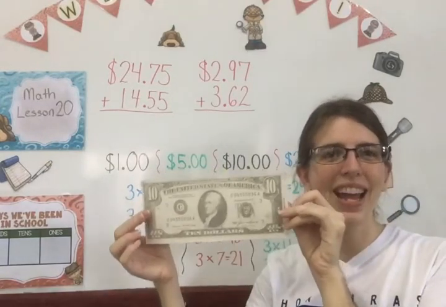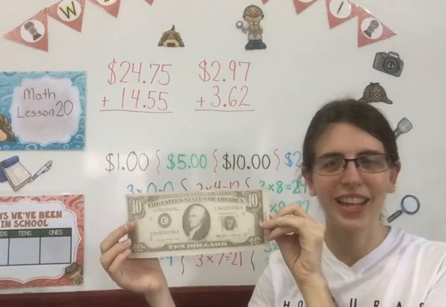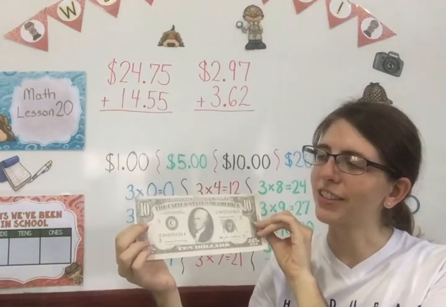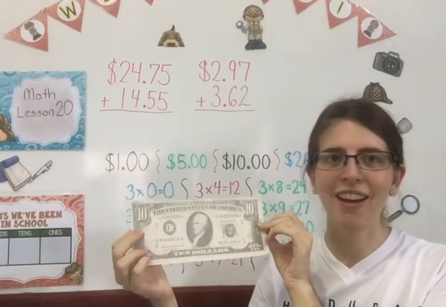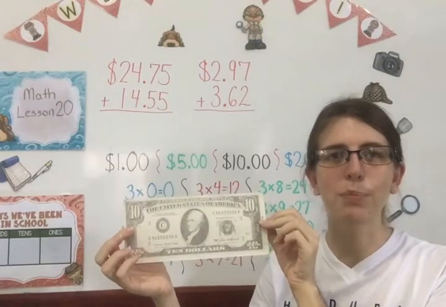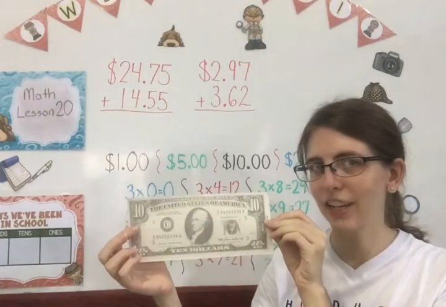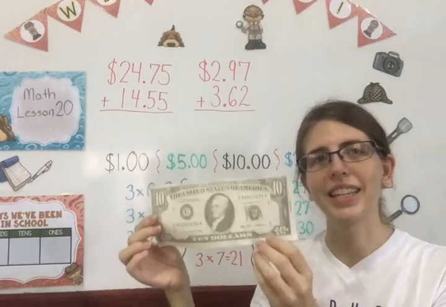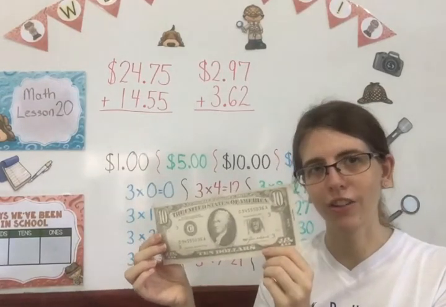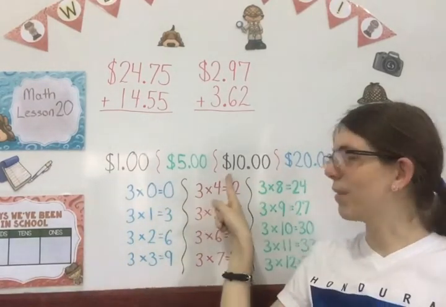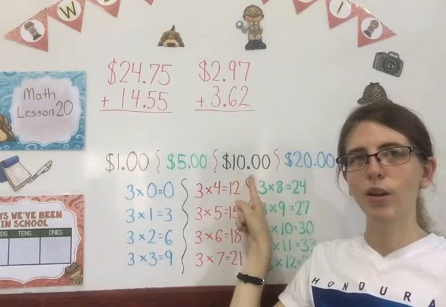Here's your next one, $10. Has a nice big 10 there, and our president here was President Hamilton, Alexander Hamilton. So this is a $10 bill, and it would be written like this, $10.00.